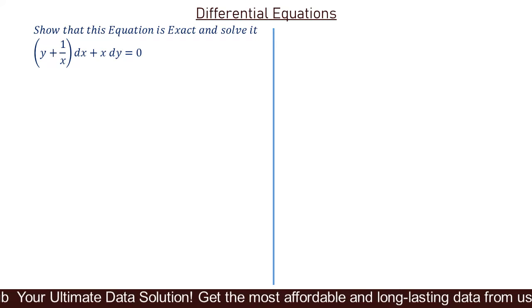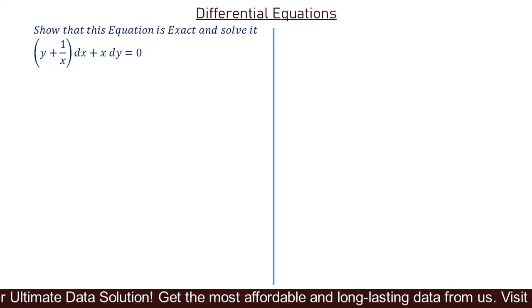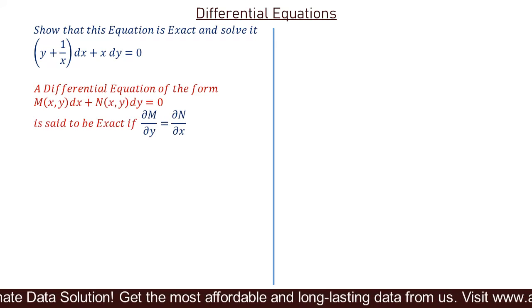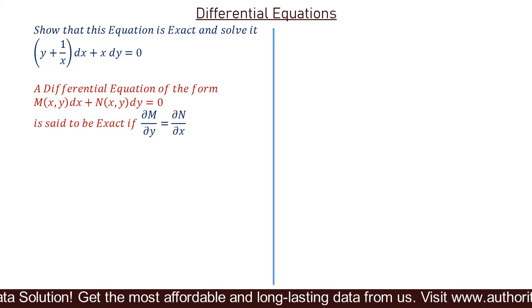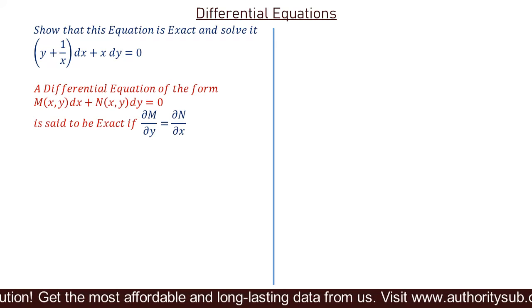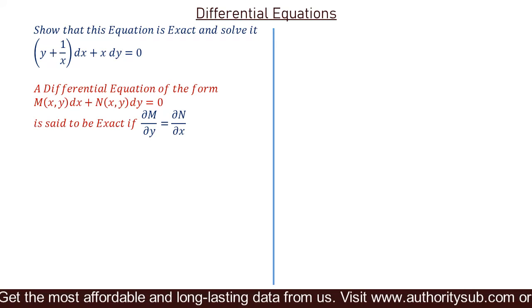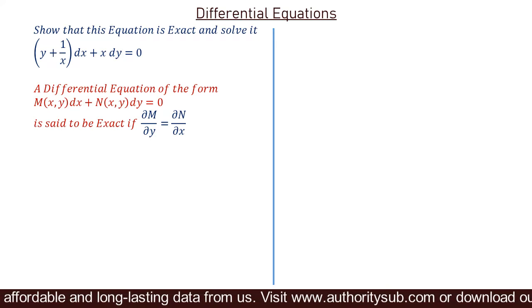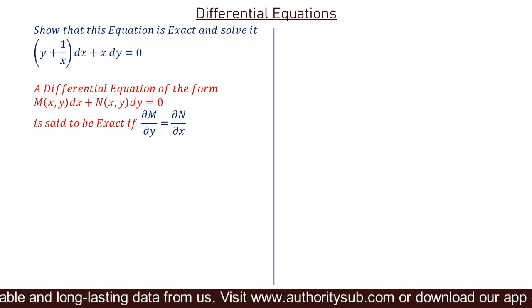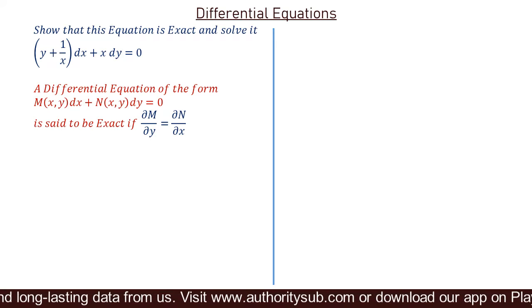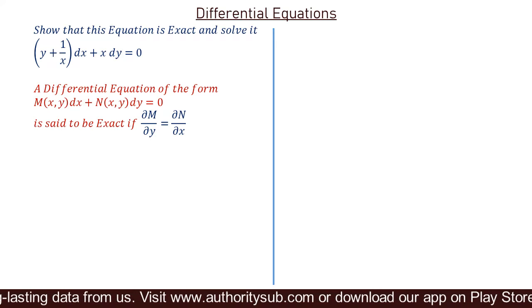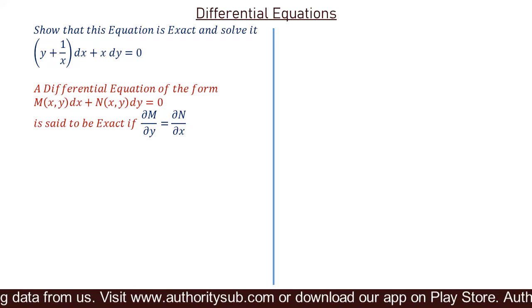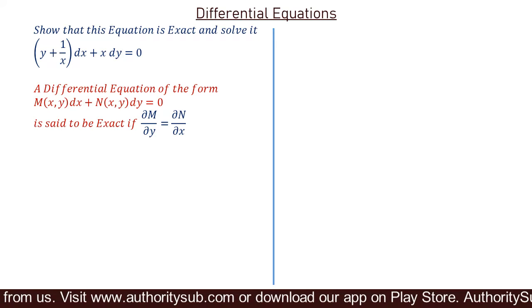Now, by definition, what do we mean by an exact equation? We say that a differential equation of this form M dx + N dy = 0 is said to be exact if the partial derivative of M with respect to y is equal to the partial derivative of N with respect to x.